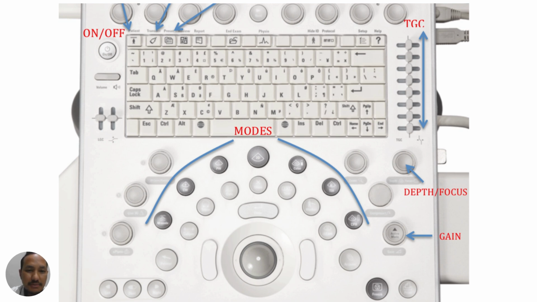So this is an image or picture of the echo machine, the ultrasound machine. If you can see here, very clearly, the TGC, depth, focus, gain, modes, and the on/off button, the 2D screening gain.